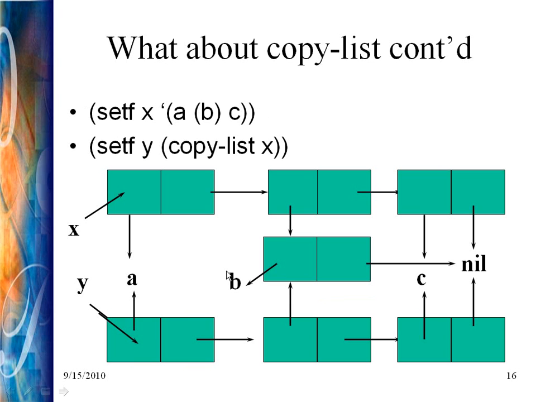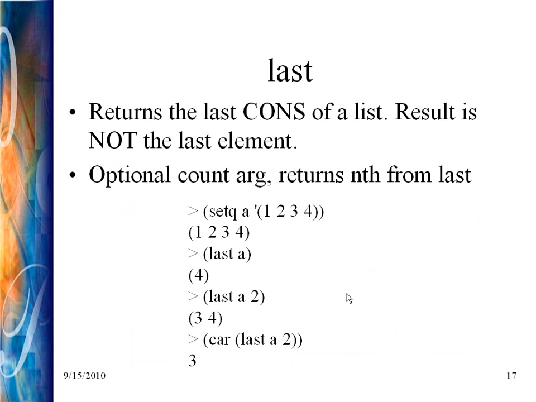You can see that when we modify the first element of Y, it makes it a different thing than the first element of X. But when we modify the contents of the list, which is the second element, both X and Y will see that modification. We'll see that in a minute.